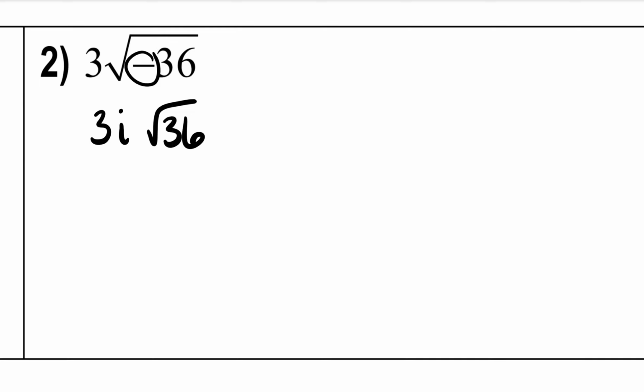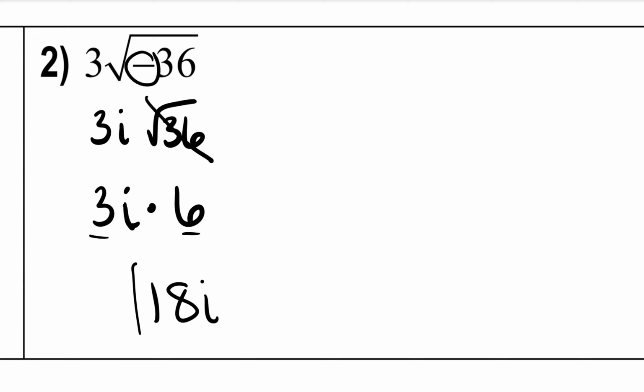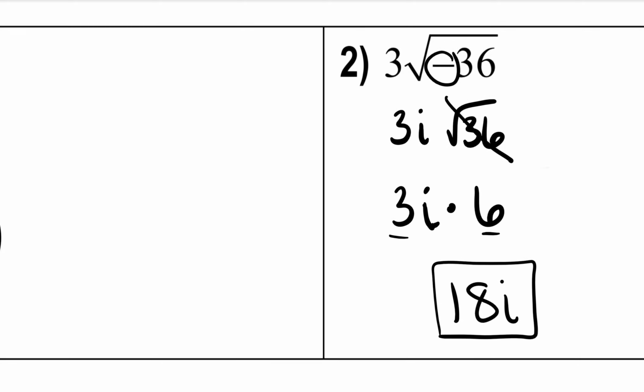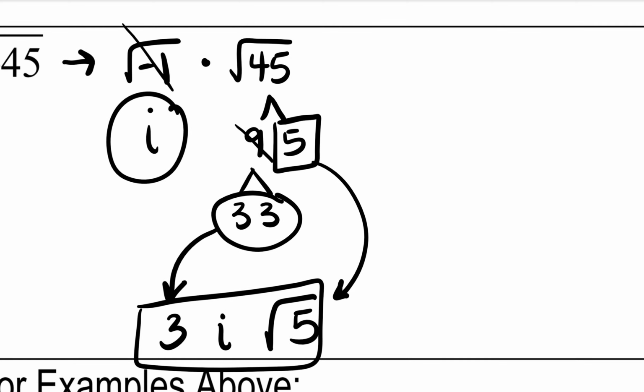Now on this one, there is a square root of 36. It's just 6. So I can change that to a 6, and I have 3i times 6. Well, 3 times 6 is 18i, and that's my answer. So sometimes you don't have square roots left in the answer, and sometimes you do. It just depends on the number. So that's all you do for those.